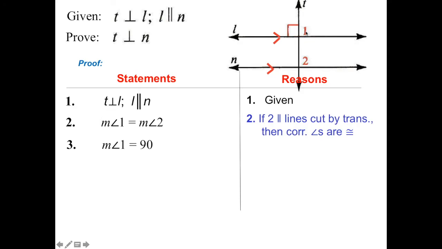So a lot of times instead of writing that angles are congruent to one another, it's easier to say that their measurements are equal to each other. And that's okay. You don't need to say definition of congruent there. You can just use this, right? Congruent angles have the same measurements. It's fine. You don't need to write down definition of congruent angles as the reason. Writing it out this way is easier because step 3, I'm going to have to write this: measure of angle 1 equals 90, because this is an equation.